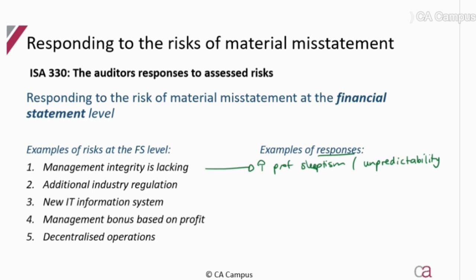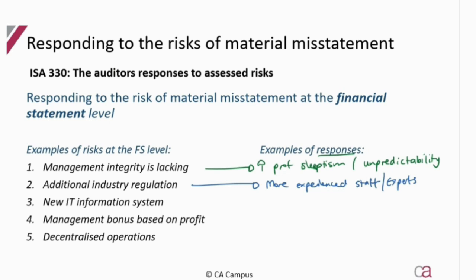If there are additional industry regulations, how can we adapt our resources to address that? Well, maybe we need more experienced staff who are able to handle new regulations. Or we get experts who have that industry knowledge.